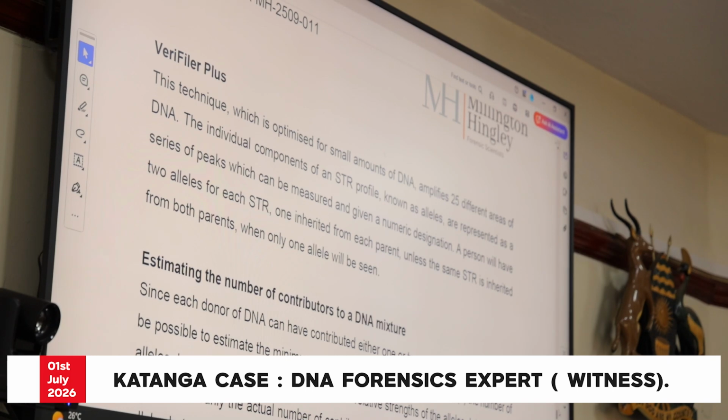So this technique is optimized for small amounts of DNA. It amplifies or copies 25 different areas of DNA.